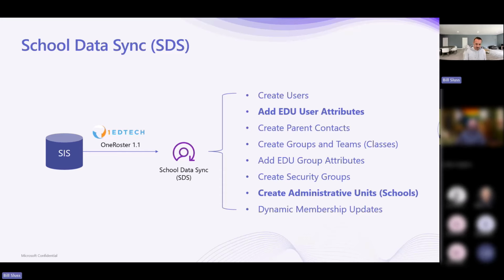However, when you're configuring Purview and all of the data security capabilities that we just talked about, AUs are increasingly important. And so you can use administrative units to scope and configure all of the policies across Purview. So don't overlook the value of provisioning out on a per school basis, or even more broadly, administrative units through SDS. Also, bringing in external data becomes incredibly valuable for MCP, which is what Jethro is going to cover here in just a second.